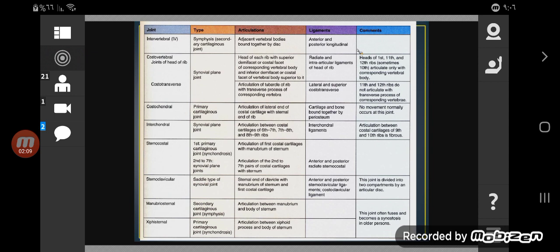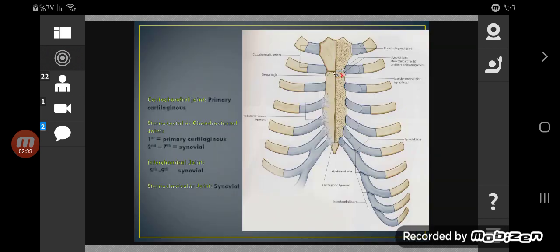In unusual places, you cannot imagine the type of the joint. For example, the manubriosternal joint between the manubrium and the body of the sternum. This is the secondary cartilaginous joint, or symphysis. Okay, here there is a fibrocartilage.